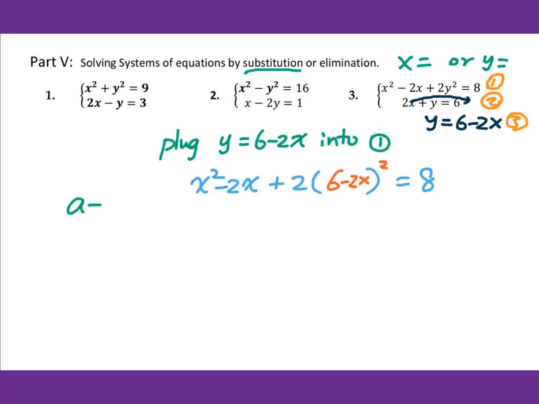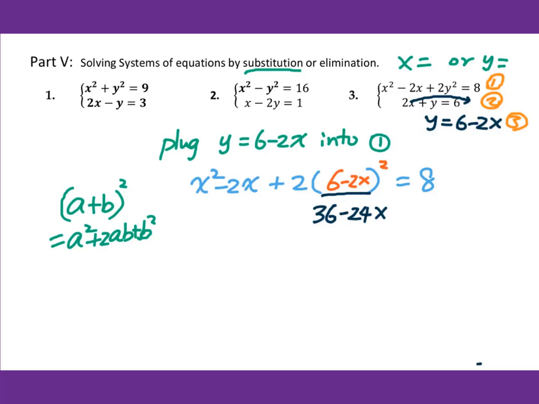We have to do (a plus b) squared first. So we get a squared plus 2ab plus b squared. So for (6 minus 2x) squared, you get 36 minus 2ab, that is 24x, then plus 4x squared. Then we have this 2 in the front. Then bring down x squared minus 2x, then equals 8.